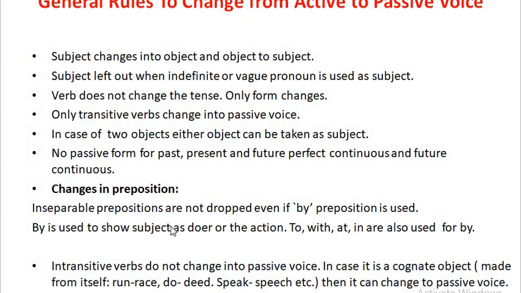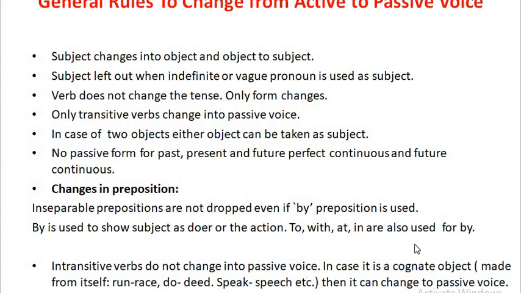However, by is used to show the subject is the doer of the action, but not only by, you can use other prepositions also while changing from active voice to passive voice. So it can be to, it can be with, it can be at, in. They can also be substituted for by.